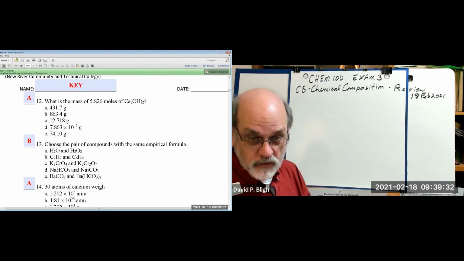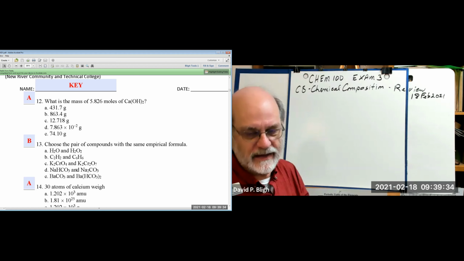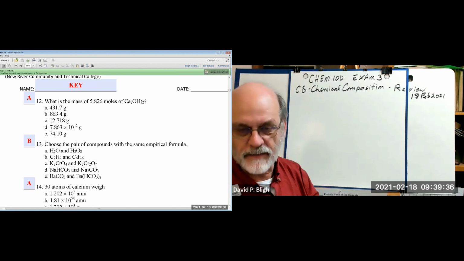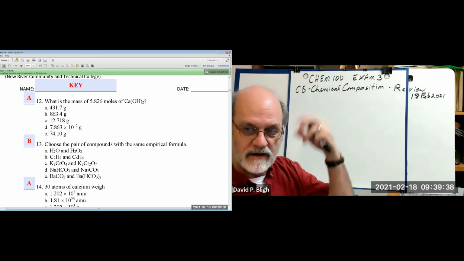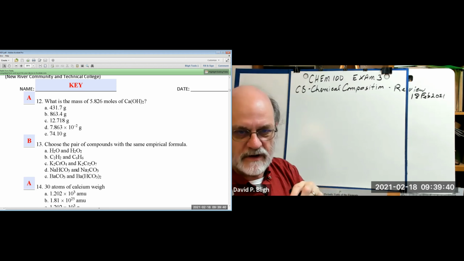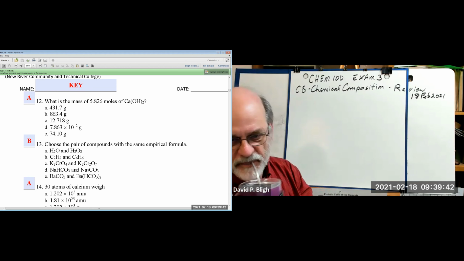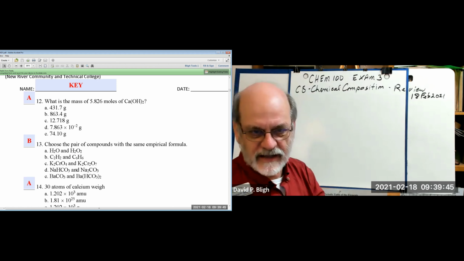So if you're dreaming chemistry, that's a good sign. It means your brain's trying to make sense of it and organize it in your sleep so that it's usable. That's my theory about sleep anyway.